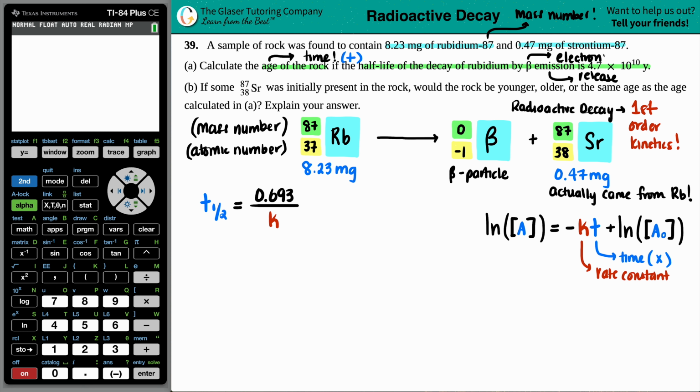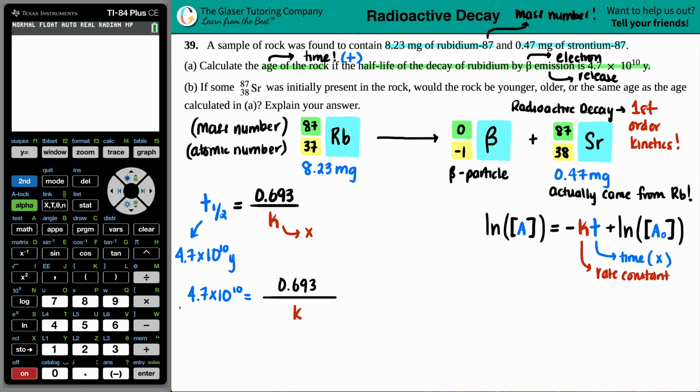Now, they did say that my half-life was 4.7 times 10 to the 10th years, and we're just going to solve for k. So let's go for it. 4.7 times 10 to the 10th equals 0.693 divided by k.